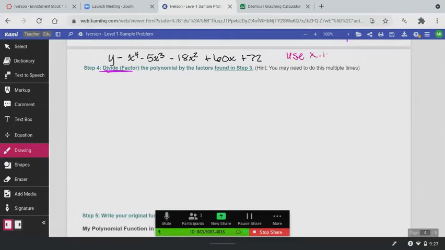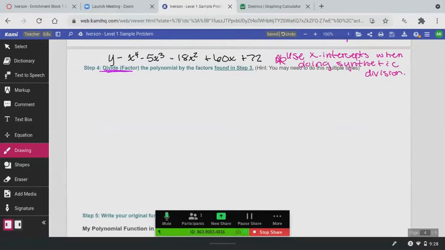Use x-intercepts when doing synthetic division. All right.